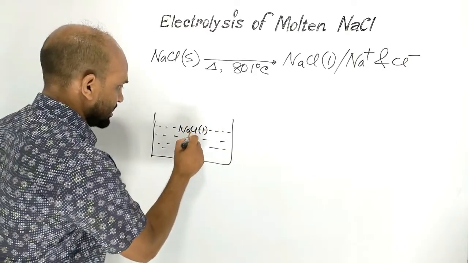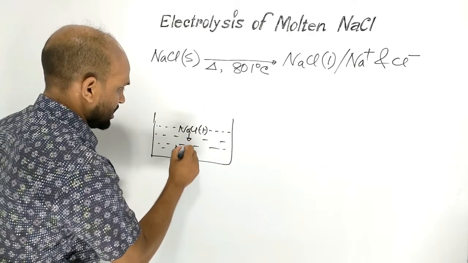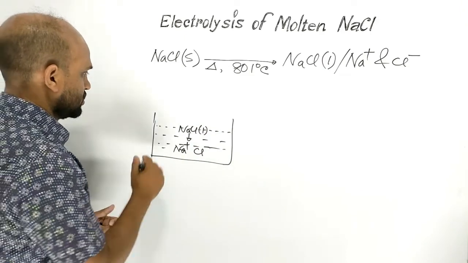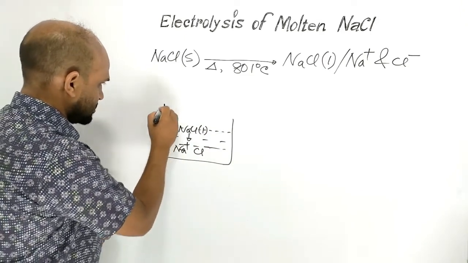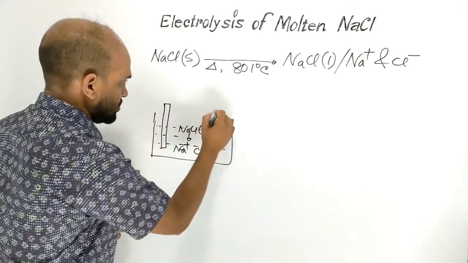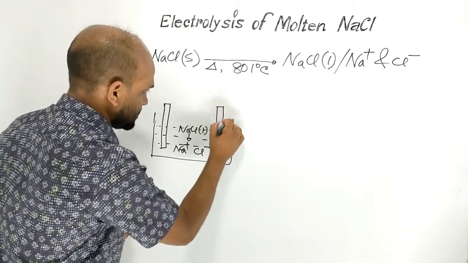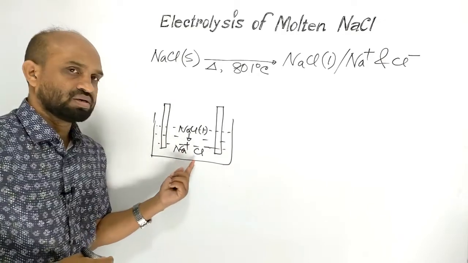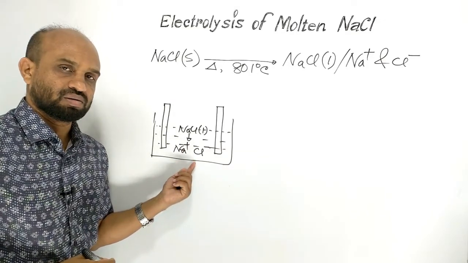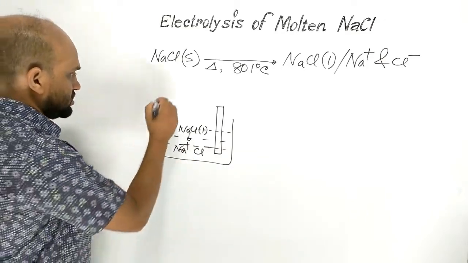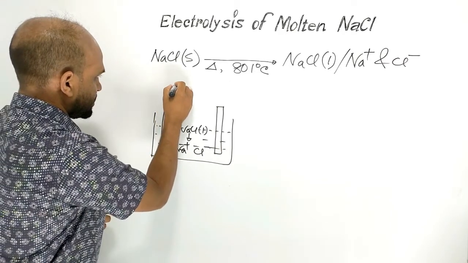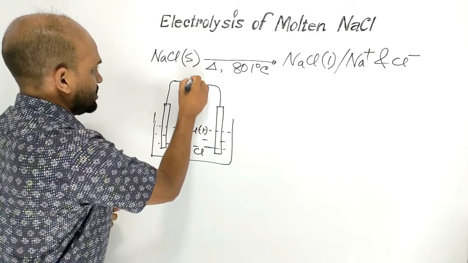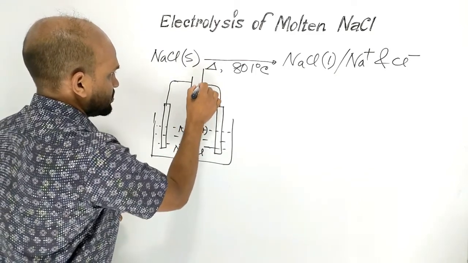It remains as sodium ion and chloride ion. Now, two metallic bars or graphite sticks are submerged in the vessel. Now, these two metallic bars are connected to a cell power.